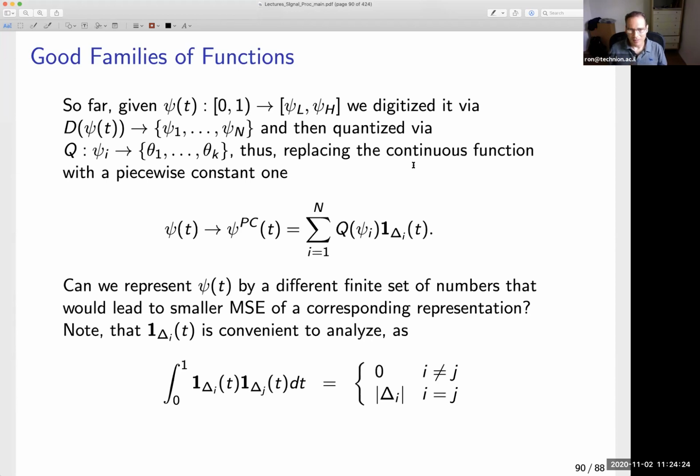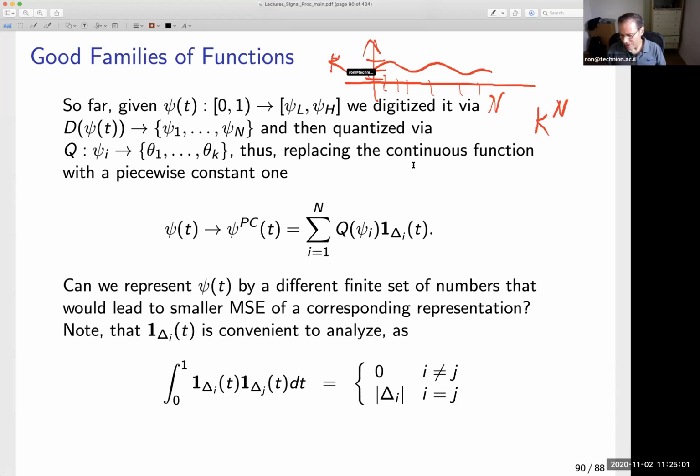So until now, what we saw is that we had our function psi, we quantized it, and we said that we are now, in a sense, projecting it into the set of all vectors, and we had k to the power of n such vectors, so different vectors, if we quantize the x-axis by n and the y-axis by k.